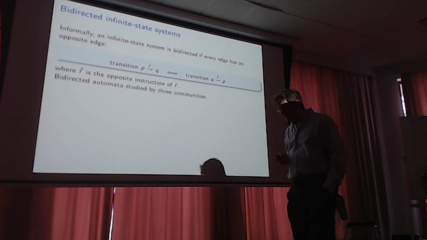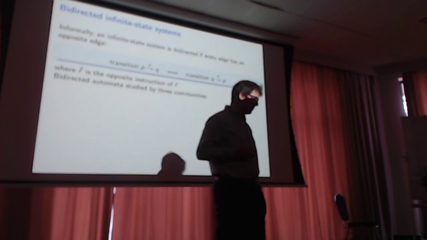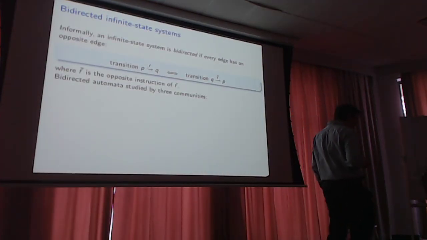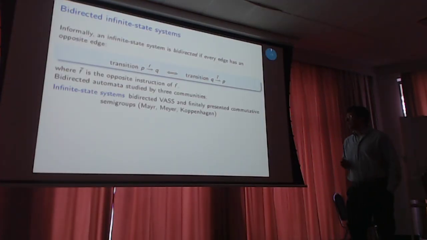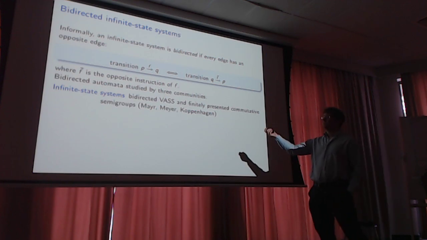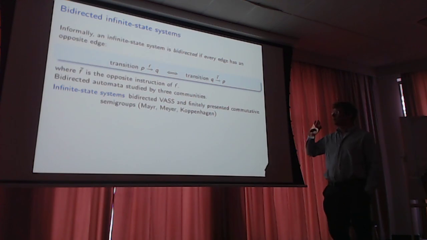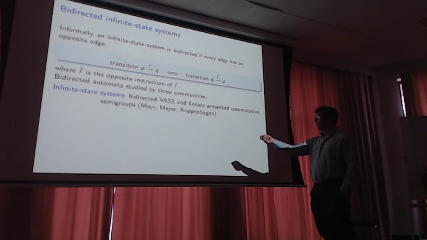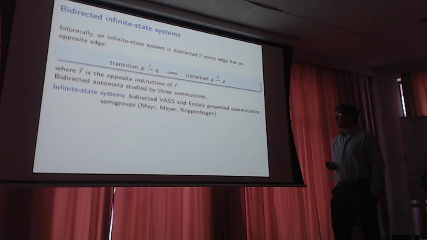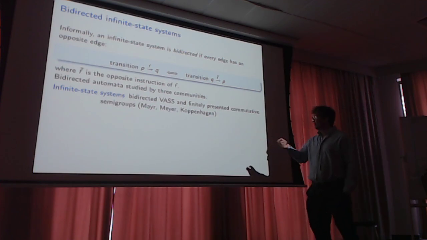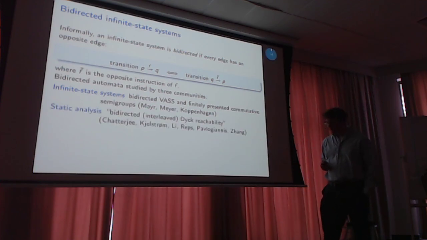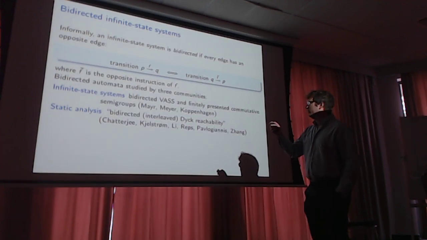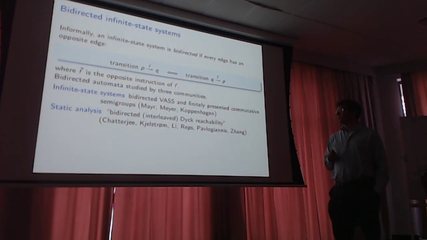And the interesting fact about this restriction is that it has been studied by three pretty different communities. On the one hand, I don't know if you can call this the infinite state systems community, but it's maybe closest to the people here: bidirected VAS, and their connection to finitely presented commutative semigroups. This has been studied a lot in the 80s and 90s by Ernst Mayr, Albert Mayr, and Ulla Kopenhagen, and they showed really nice things about these systems.